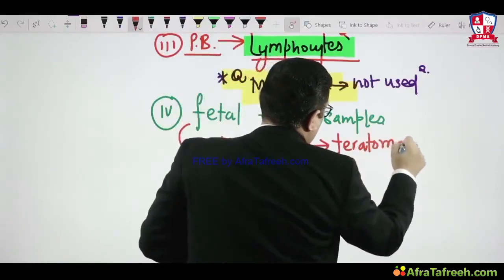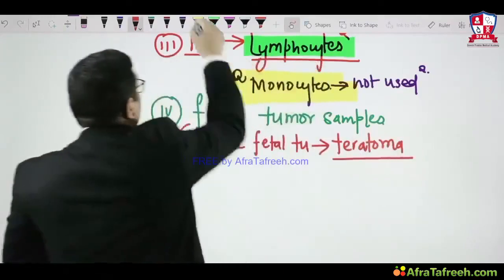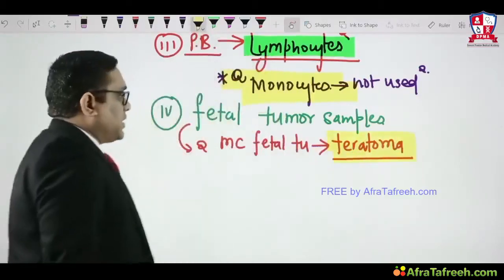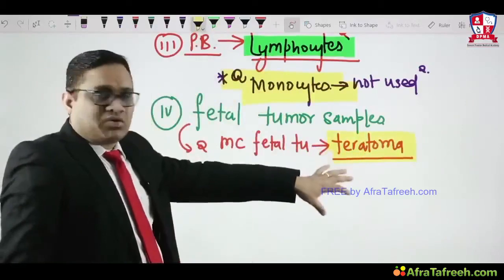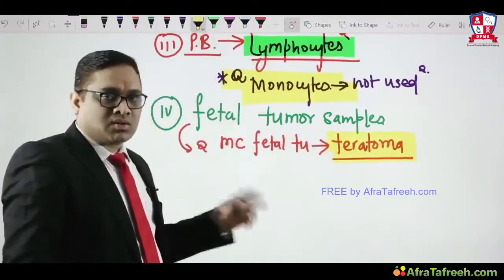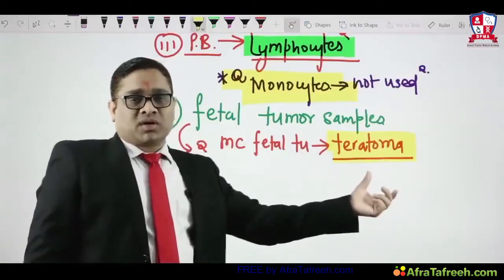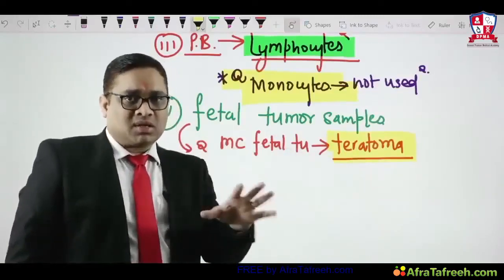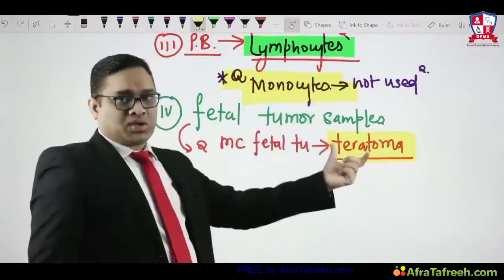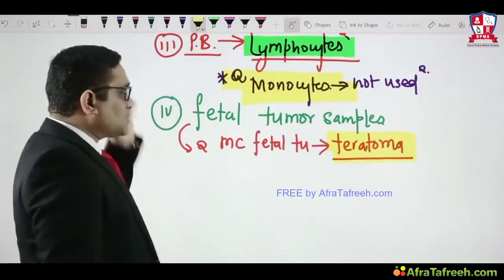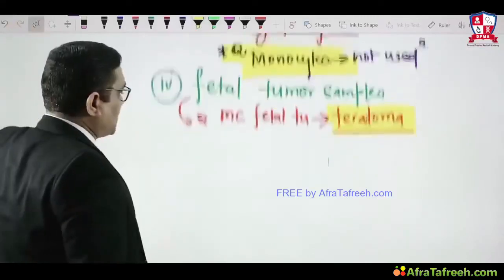Most common fetal tumor in human being is teratoma, and that was the question in All India exam. This teratoma sample can be used for karyotypic analysis. If the examiner says fetal teratoma sample can be used for karyotyping, the answer will be yes. Fetal tumor samples are used, and the most common fetal tumor is teratoma, so this will also be used for karyotypic analysis.